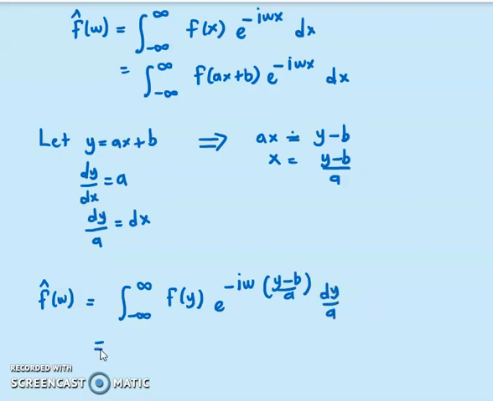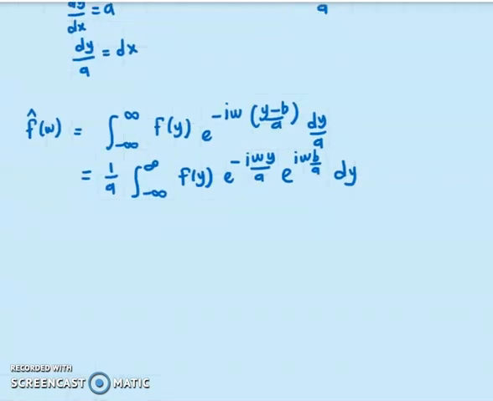Now what's the constant here? 1 over a is a constant. And I can split this integral into f(y) e^(-i omega y / a), and minus minus will be positive, e^(i omega b / a), dy.